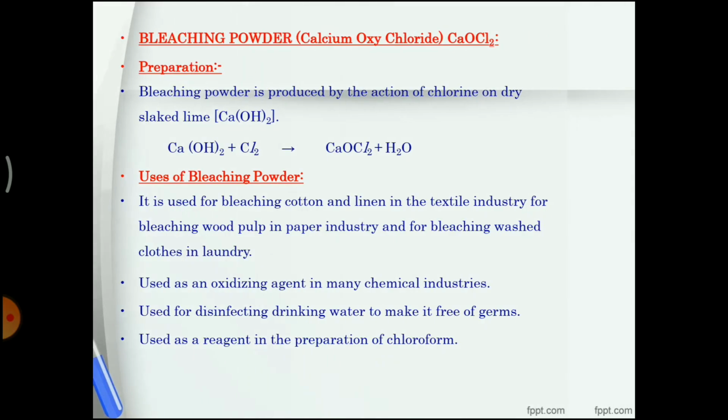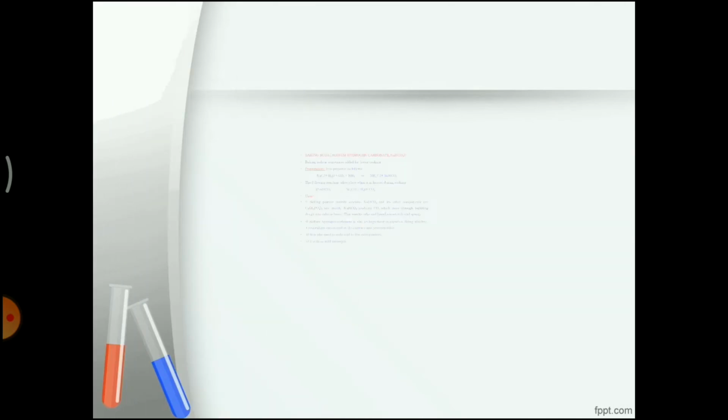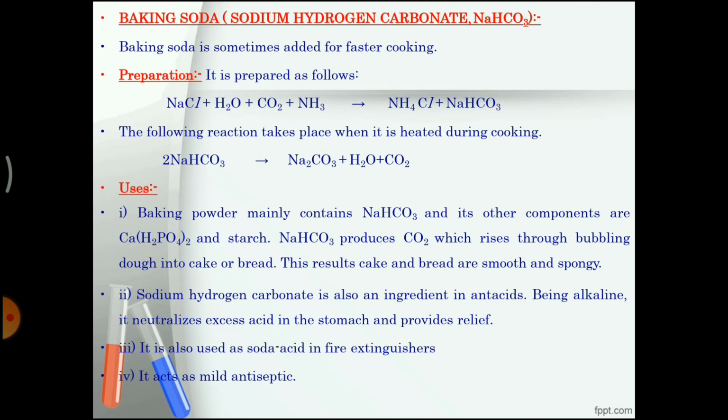Next, another chemical which is from common salt is baking soda. Chemically it is called sodium hydrogen carbonate, NaHCO3. Baking soda is sometimes added for faster cooking.